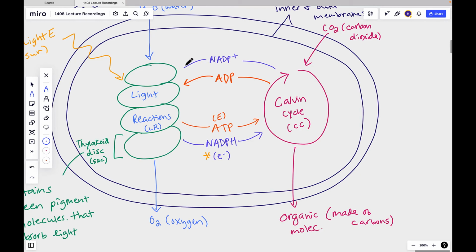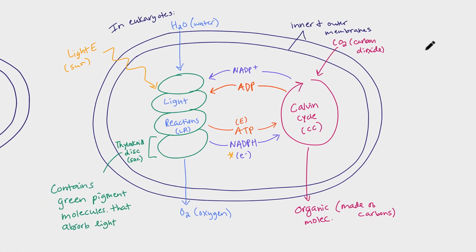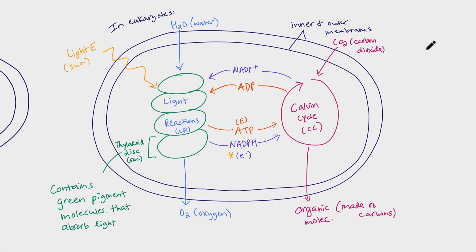So this is just a molecule that is now available to pick up more electrons. So the NADP plus can go pick up more electrons in the light reactions and then be full as NADPH and then drop off those electrons in the Calvin cycle. So those cycle between the light reactions and the Calvin cycle. So this is the overall process of photosynthesis.